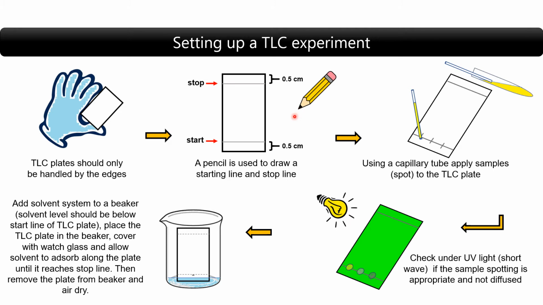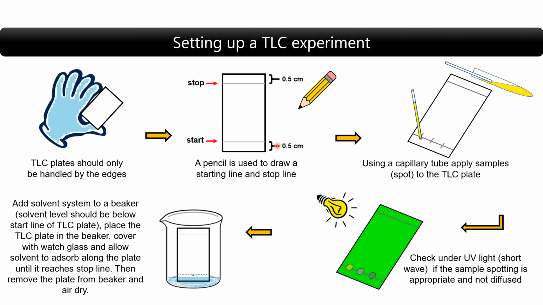If you use a pen to draw these lines, the ink in the pen is also a mixture of organic compounds, organic solvents, so they would dissolve into the solvent system when we place this plate within the solvent system. So we should avoid marking any lines on the TLC plates with a pen and only use a pencil. And the reason is the pencil is made of graphite and it's an inert material, therefore it does not interact with the organic solvents in the solvent system.